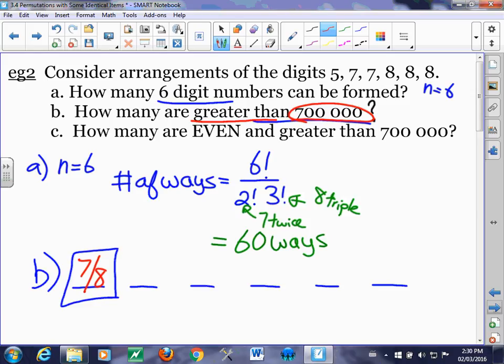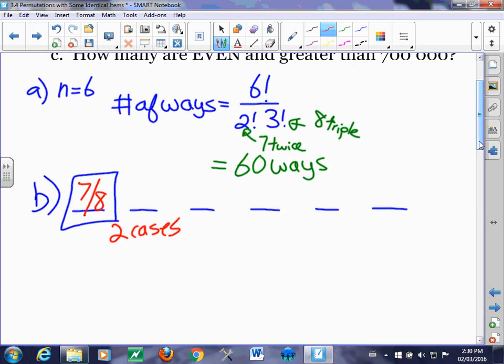So hopefully you realize, guys, here we've got a 7 or an 8. So that gives us 2 cases to look at. Okay? So let's do each case at a time here. And I think you'll understand this when you become visual like this. If not, please come see me. So case 1, let's put the 7 out front. If I put the 7 out front, I've got 1, 2, 3, 4, 5 spaces left.